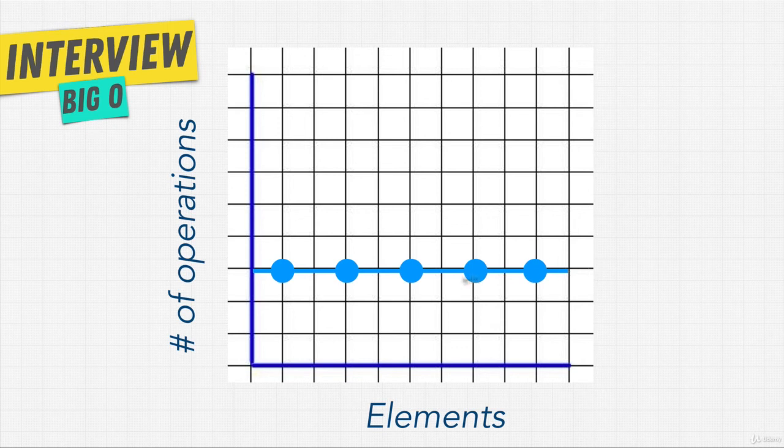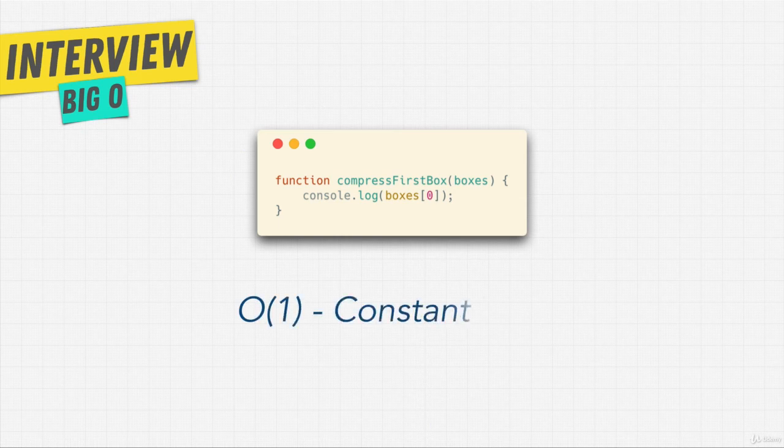But when it comes to constant time, we don't care about the nitty-gritty O of 1, O of 2, O of 3, O of even 100. We round this down to just simply saying O of 1. That is, we have constant time. It's a flat line. In terms of scalability, it doesn't matter how big our inputs are. We're always going to do the constant amount of time on a function.